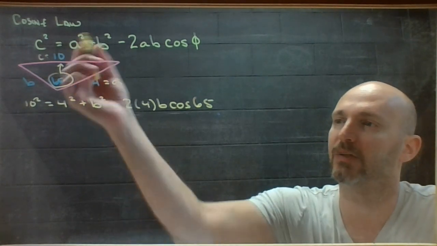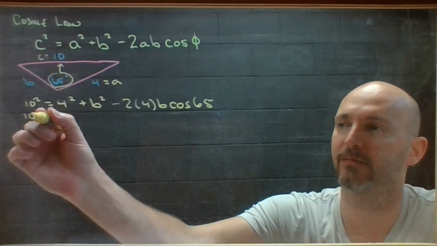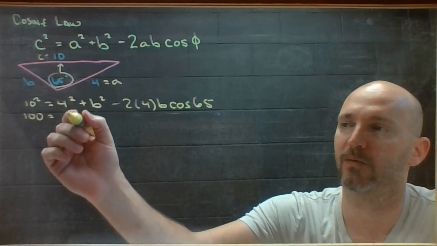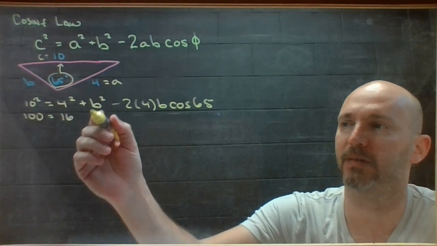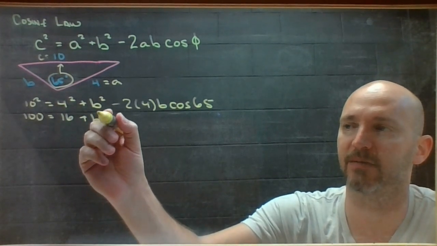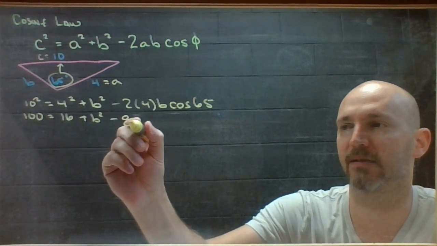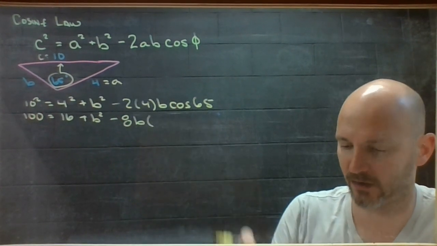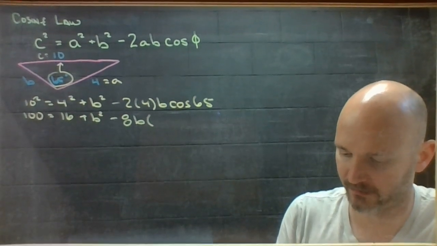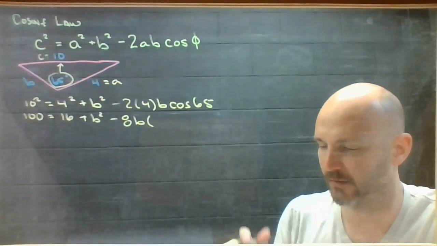Okay, so 10 squared is 100. 4 squared is 16. B squared is just B squared. 2 times 4 is 8. And cos 65 is 0.423.